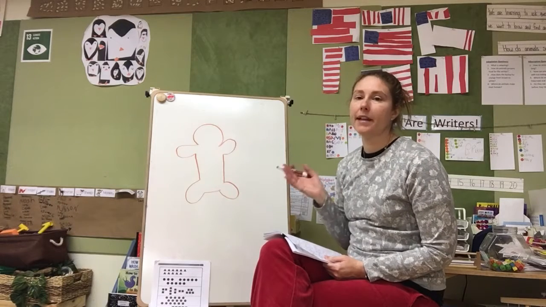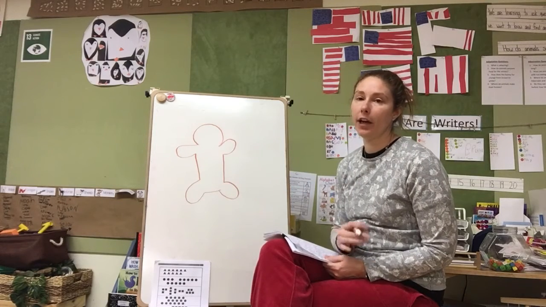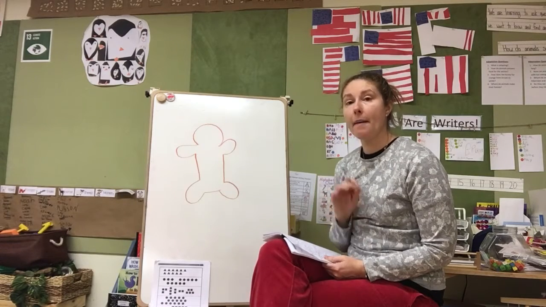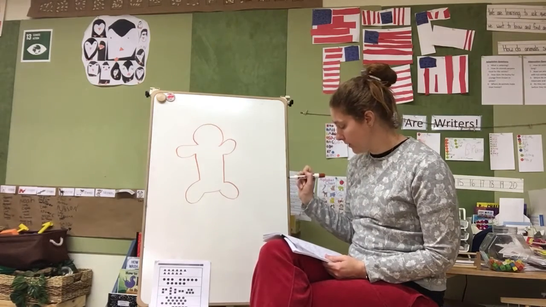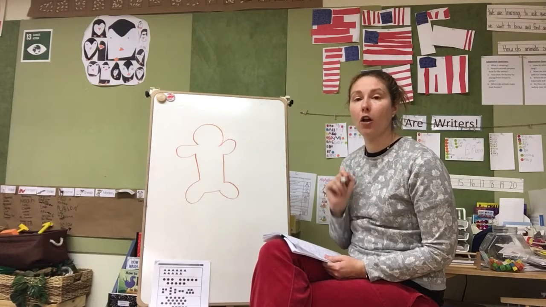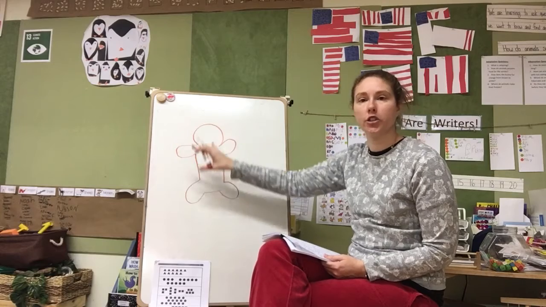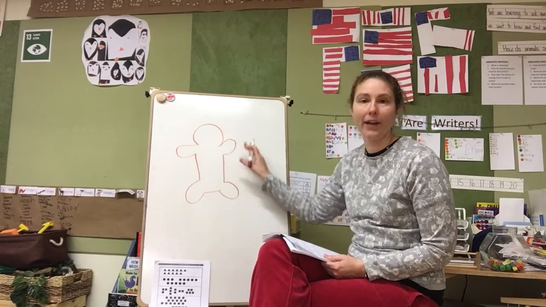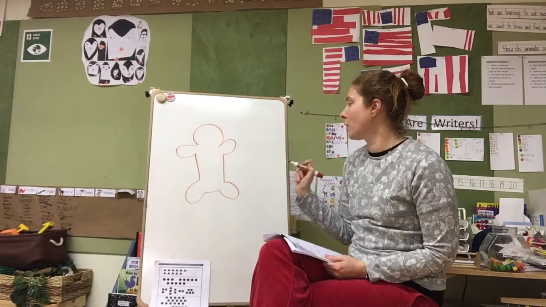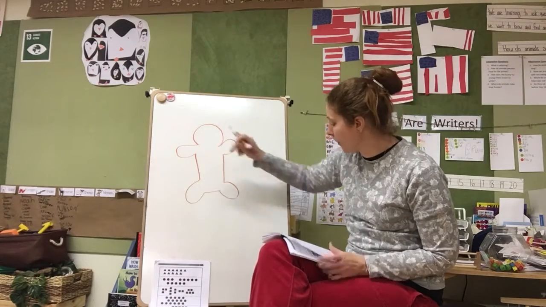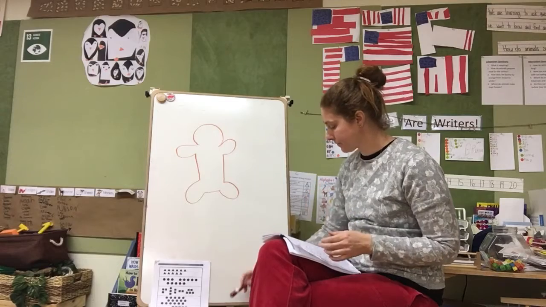Now, we need to make this into a math story. So we're gonna fill our gingerbread man with sprinkles, but in a certain way, a math way. First we're gonna start with 10 sprinkle buttons. So now that your gingerbread man, or woman, or boy, or girl is drawn, let's add 10 sprinkle buttons. I'm gonna do a different color for fun.